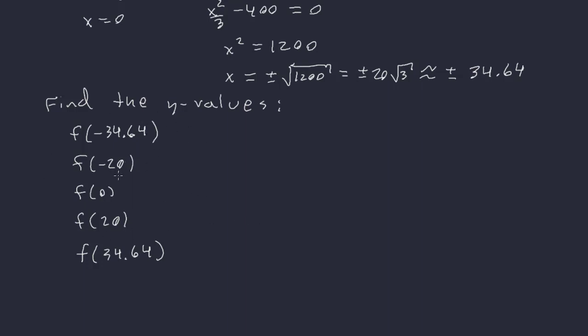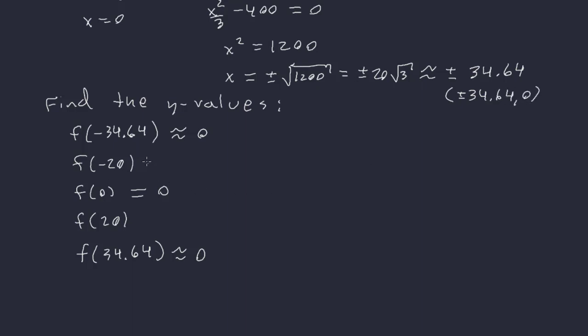All right, so I'm just going to jump to a calculator to calculate these out. Of course, 0 we've already done, which is 0. And the values here of the x-intercepts, those should be 0 when you plug them in because they're x-intercepts. So it should be plus or minus 34.64 comma 0.